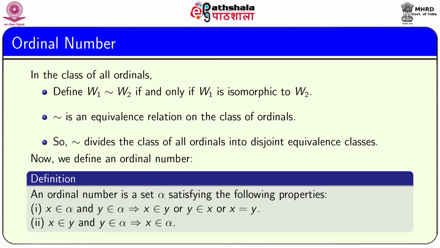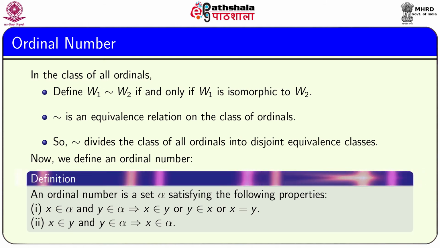With this knowledge, we define an ordinal number as follows. An ordinal number is a set alpha satisfying two properties.